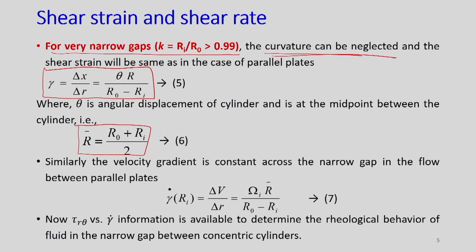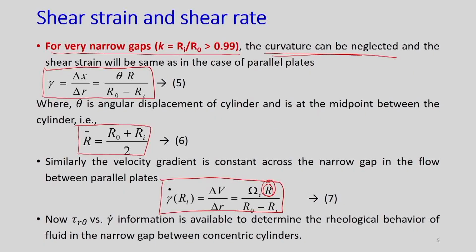Similarly, under such narrow gap conditions, the velocity gradient would also be constant across that narrow gap. Then one can have the shear rate expression gamma dot at Ri, where we wanted to measure, equal to del V by del R, that is omega I R bar divided by R naught minus Ri, where one can take the average value R bar, that is R naught plus Ri by 2.